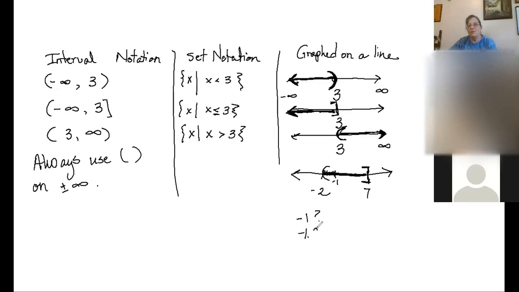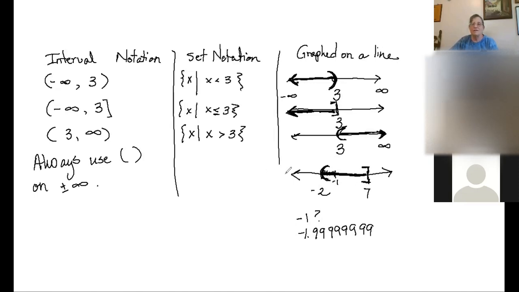How about -1.9? No, because we could make it -1.99. And then we could make it -1.999999. And no matter how many nines I put, you could out-9 me. So there's no way to determine what the very first point larger than -2 is. We have to have this option.